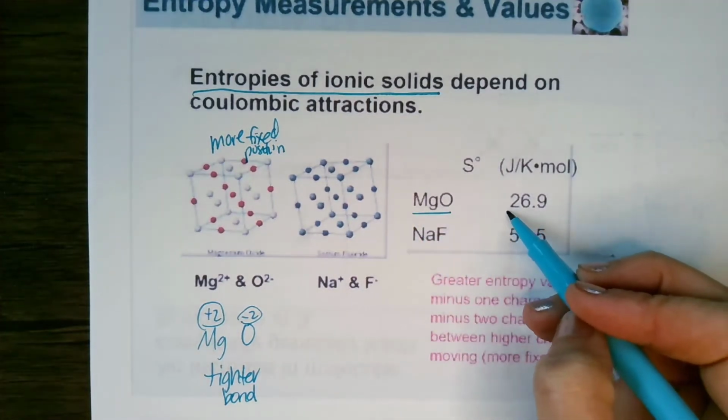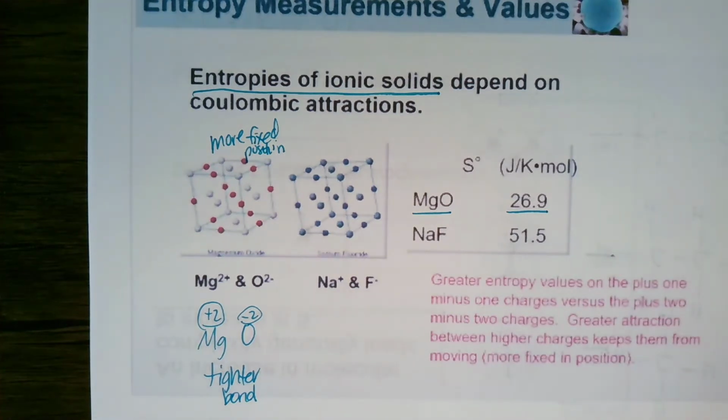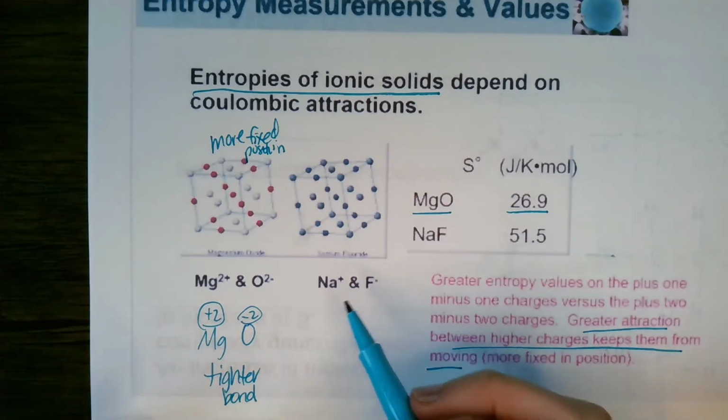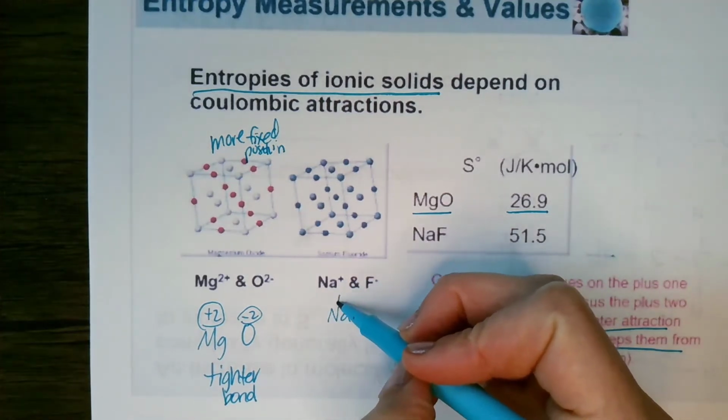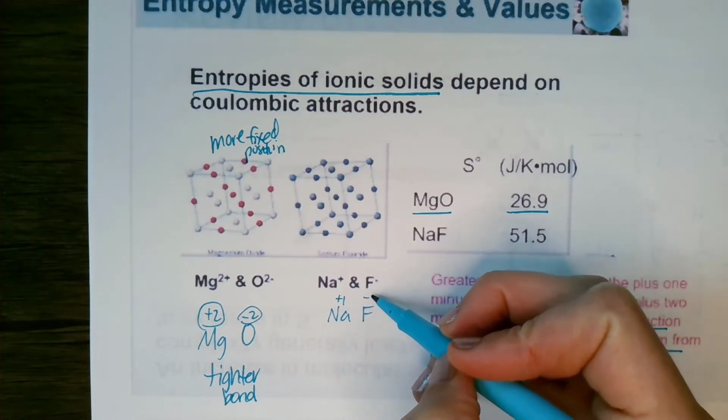Magnesium oxide has a lower entropy value because that greater attraction between the higher charges keeps them from moving. They're in a more fixed state. They just aren't able to have that more mobility.